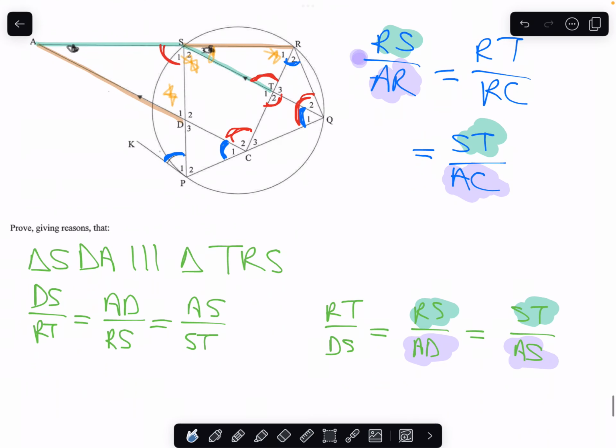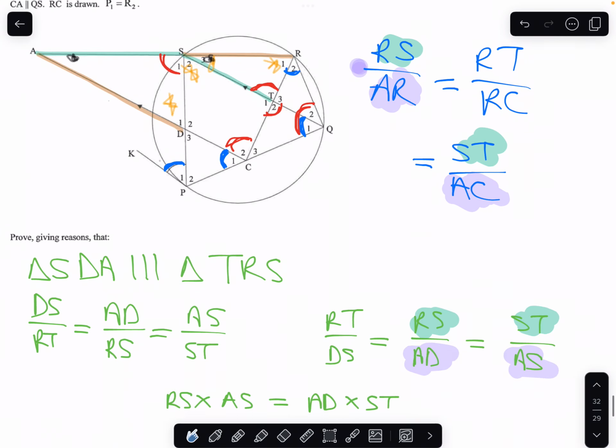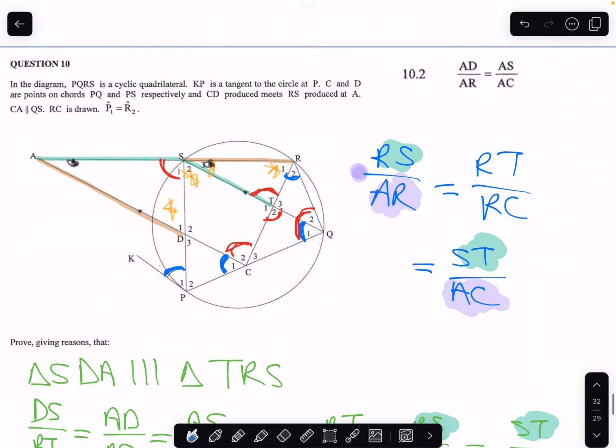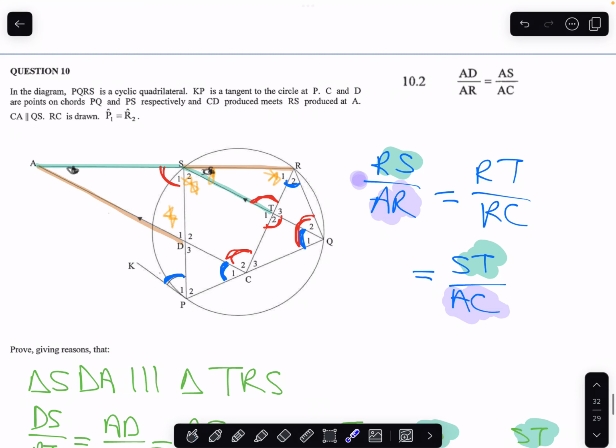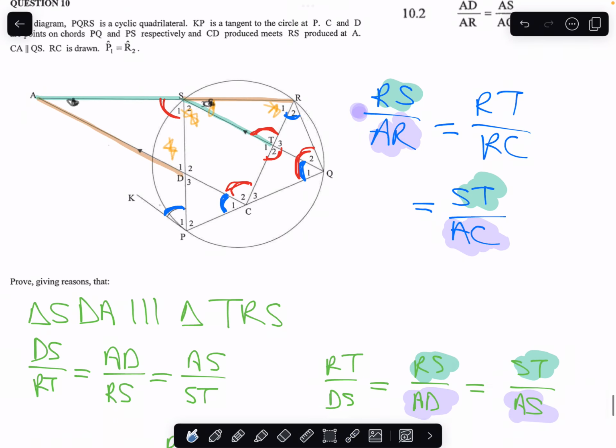So RS times AS is equal to AD times ST. Okay, we're trying to get to a point where we're showing that these are equal.